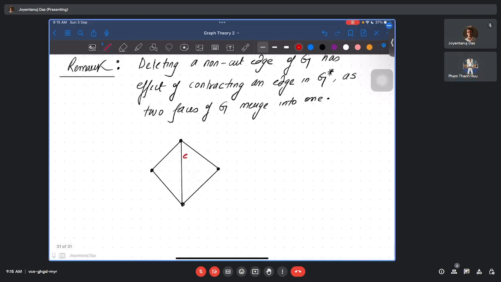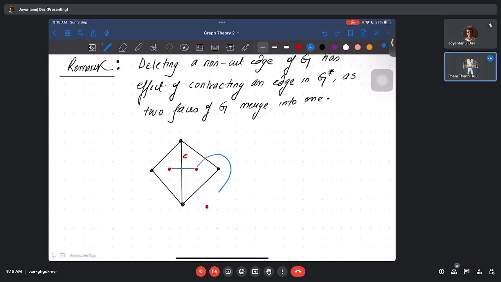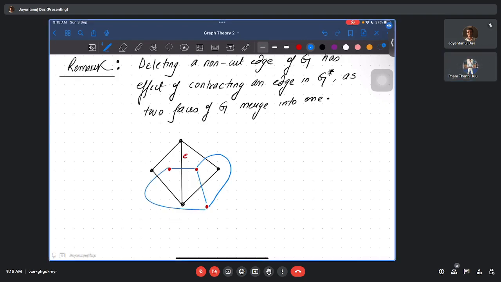The corresponding dual graph is, here is one face, and outside there is one face. This will be the edge, this is one edge. So this is one, and outside this is one. This is the dual graph, right?